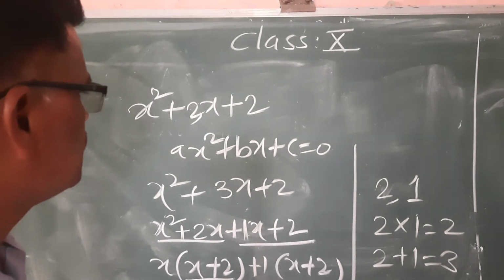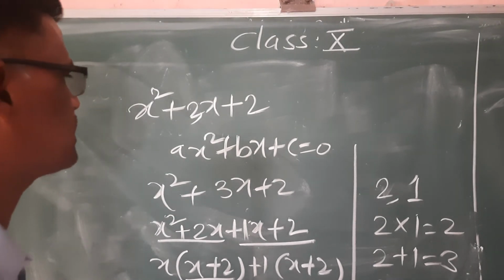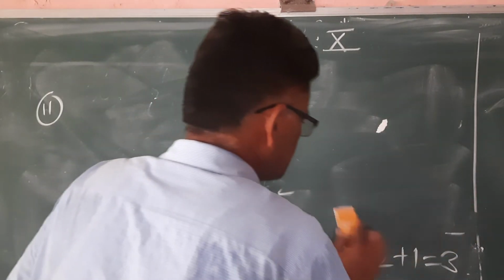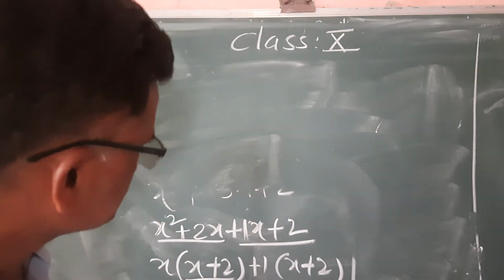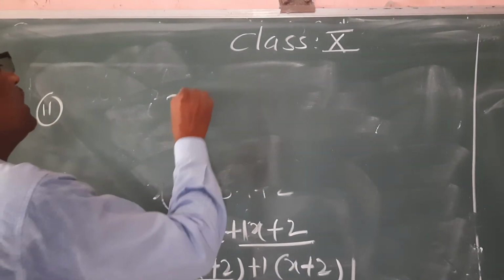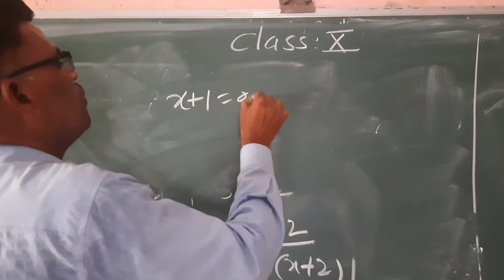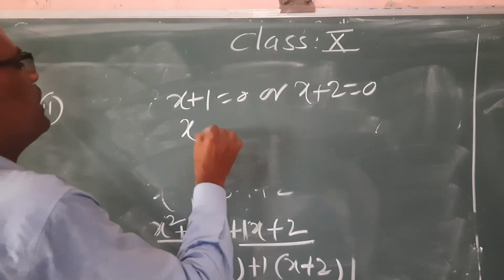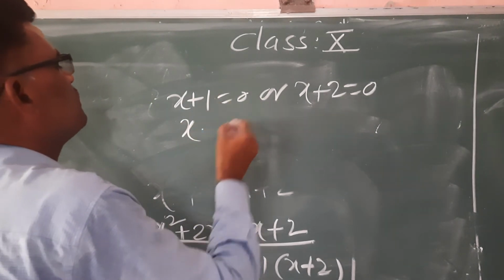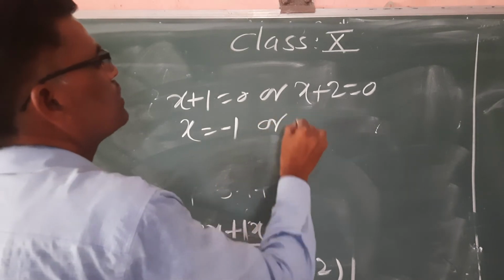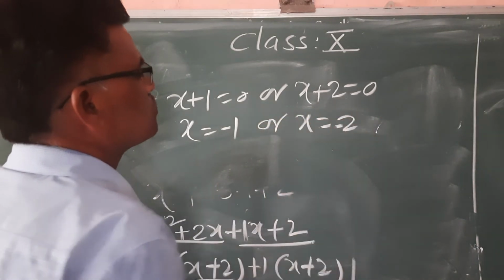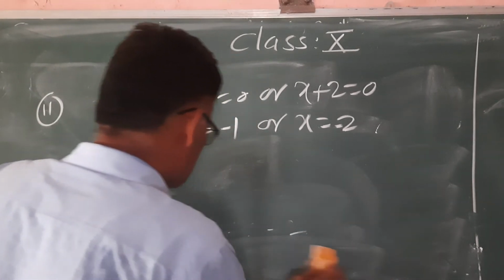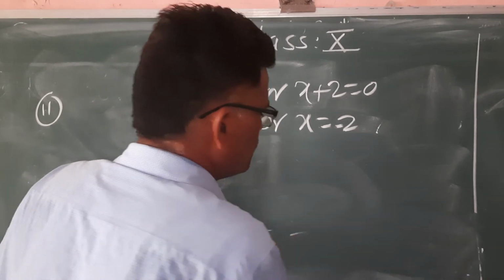Dear student, when we compare both factors with 0, then either x plus 1 is equal to 0 or x plus 2 is equal to 0. By transposing, we get x is equal to minus 1 or x is equal to minus 2.